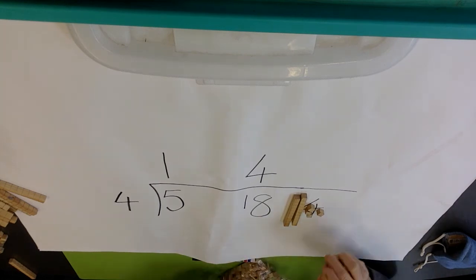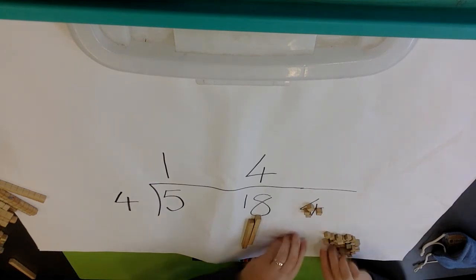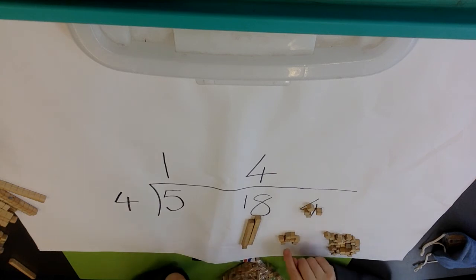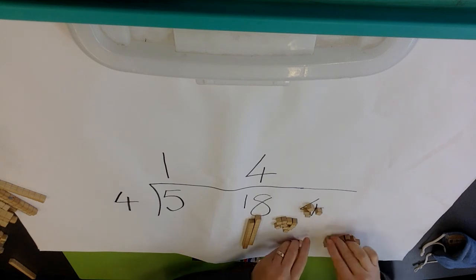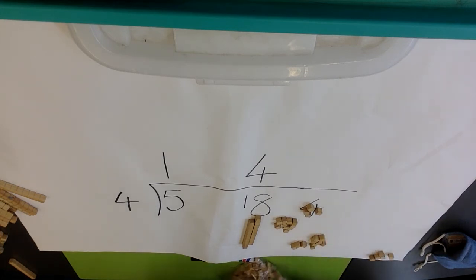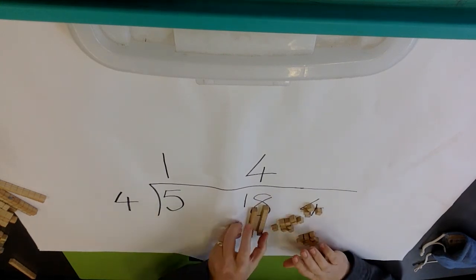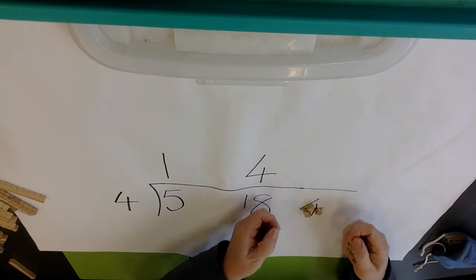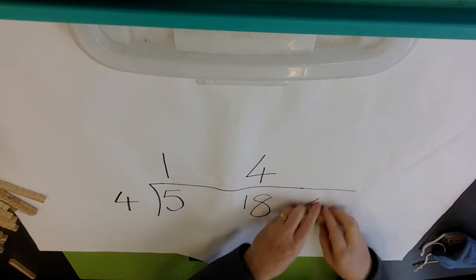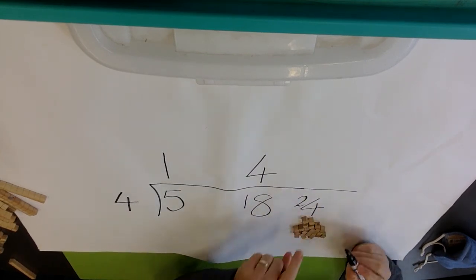Now, to share those, I need to swap out my 2 tens with ones. 1, 2, 3, 4, 5, 6, 7, 8, 9, 10. 1, 2, 3, 4, 5, 6, 7, 8, 9, 10. So I'm left now with 20 plus 4 ones, which means I now have 24 ones there. So I carried my 2 tens over and I now have 24 ones.